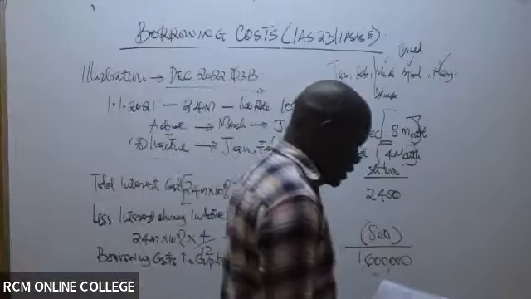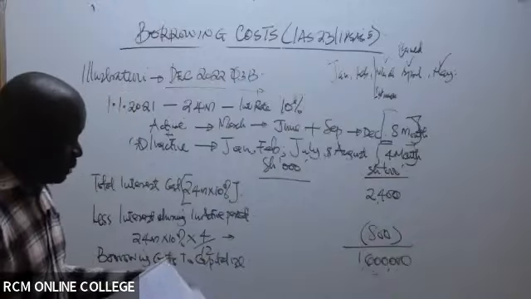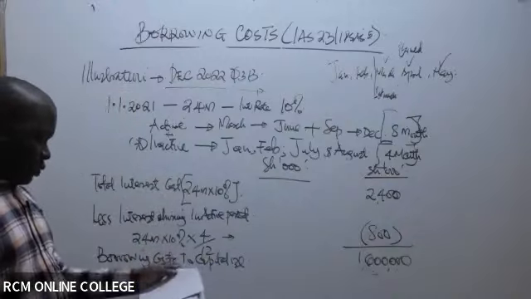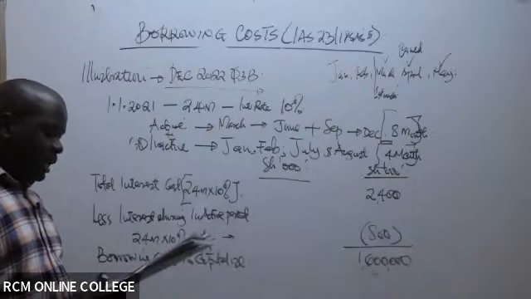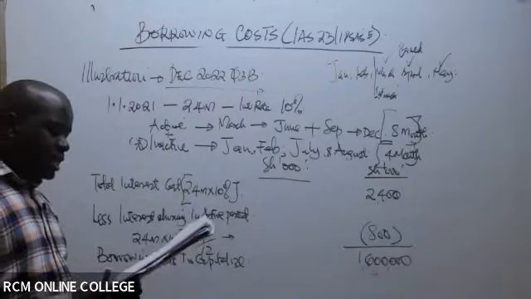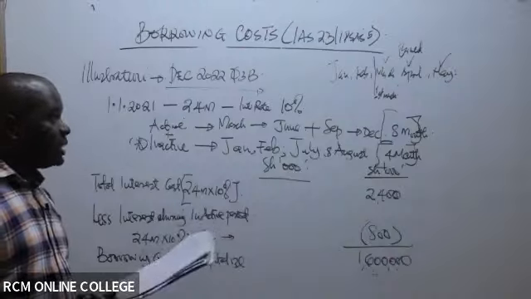The question tells you that as the funds were not all required immediately, Sayari Limited invested 10 million in 6% bonds until 31st of May 2021.